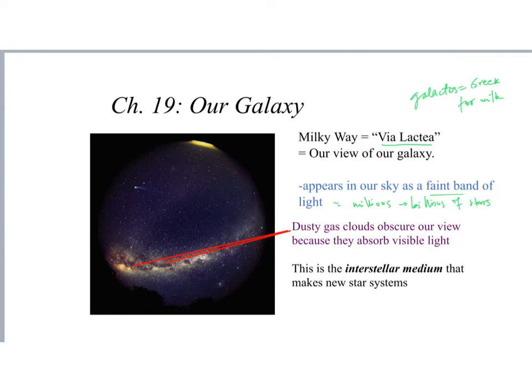And now if we use binoculars or a really good telescope, we actually get to see some dusty gas clouds that obscure parts of that band of light. It creates some structure, and that is due to dust and molecular clouds where stars form, the interstellar medium we talked about.